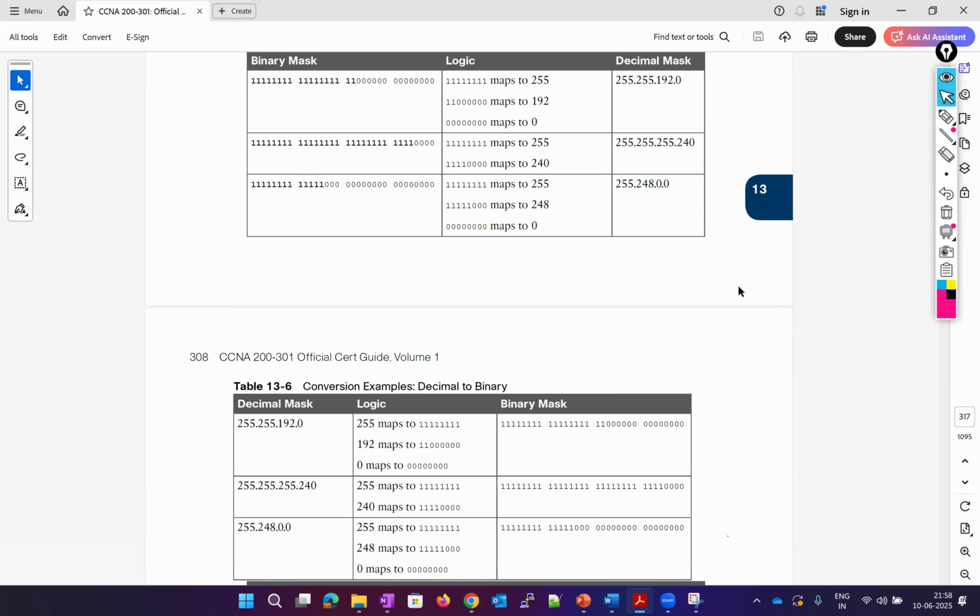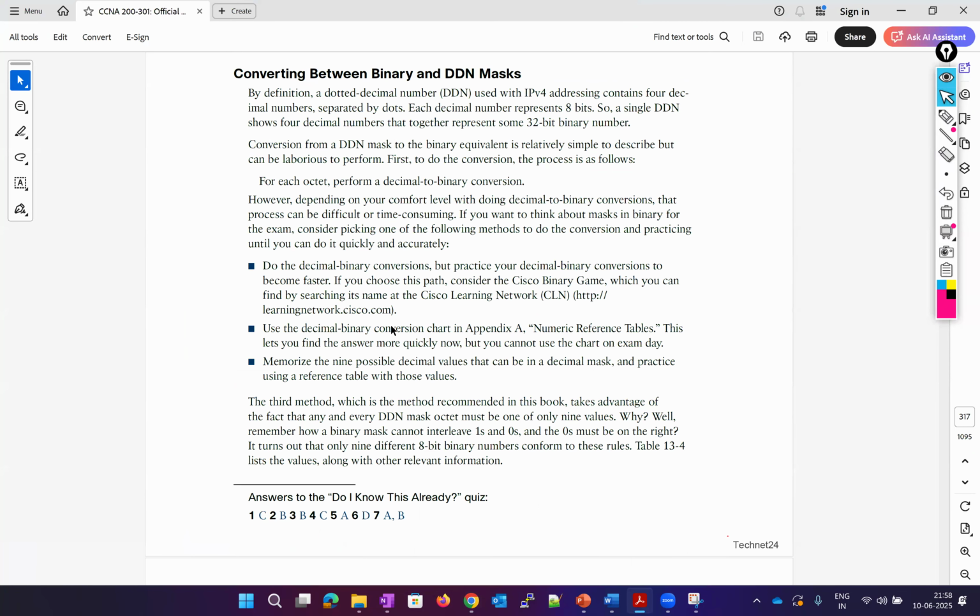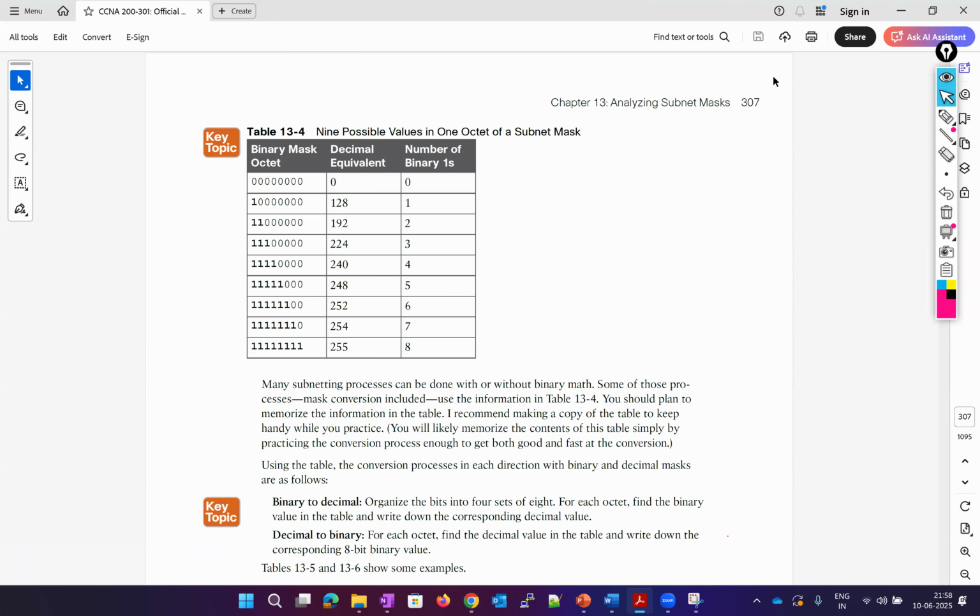In order to remember that, we have to remember this table. /18 means 255.255, which gives us 8 plus 8, since we can only have 8 bits in one octet. That is 16, plus 2 gives us a total of /18.